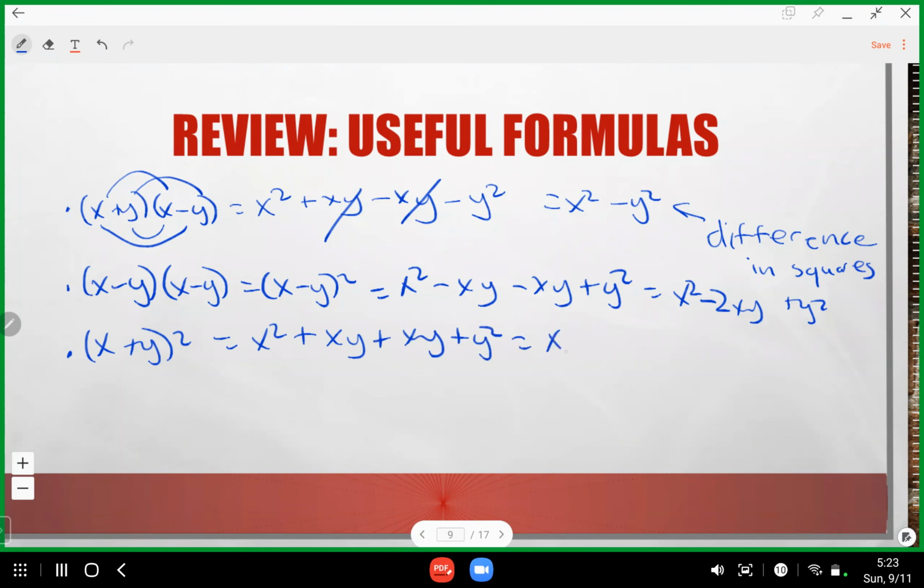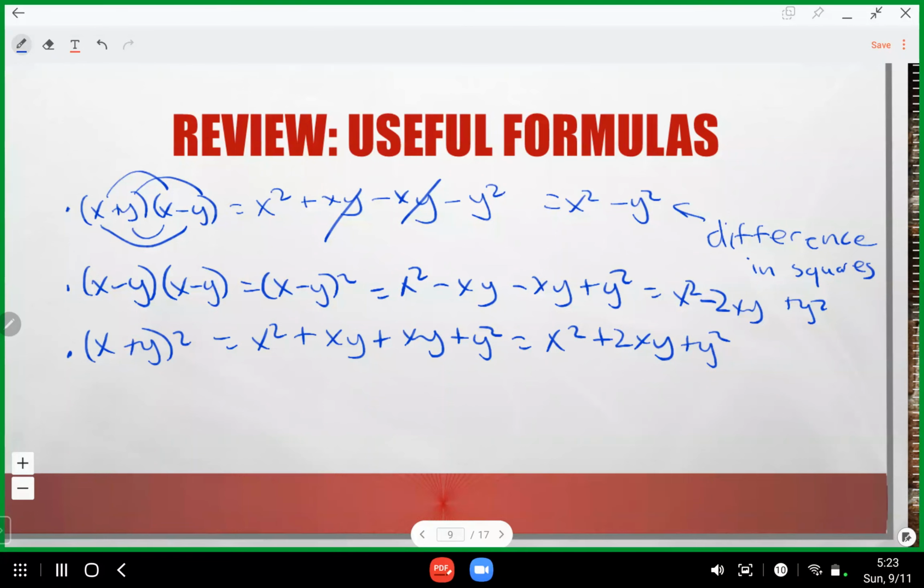You also have x plus y squared, which if you multiply it out is x squared plus 2xy plus y squared. The only difference is that in x minus y squared you subtract 2xy, and in x plus y squared you add 2xy. So make sure you have those down.